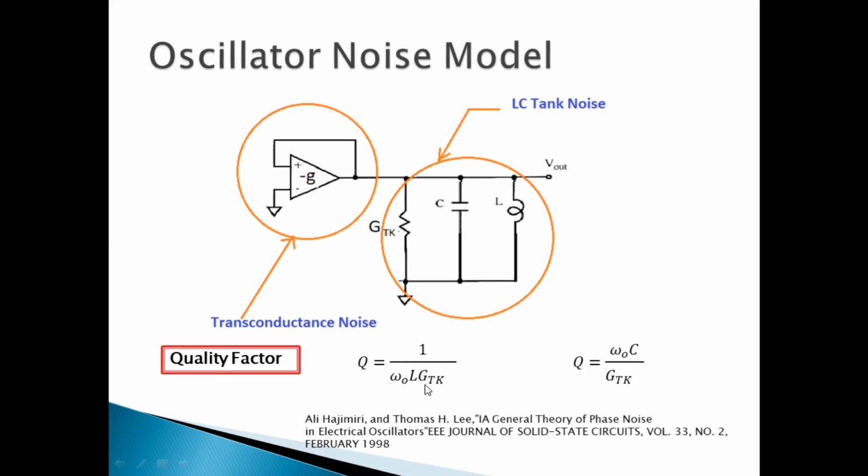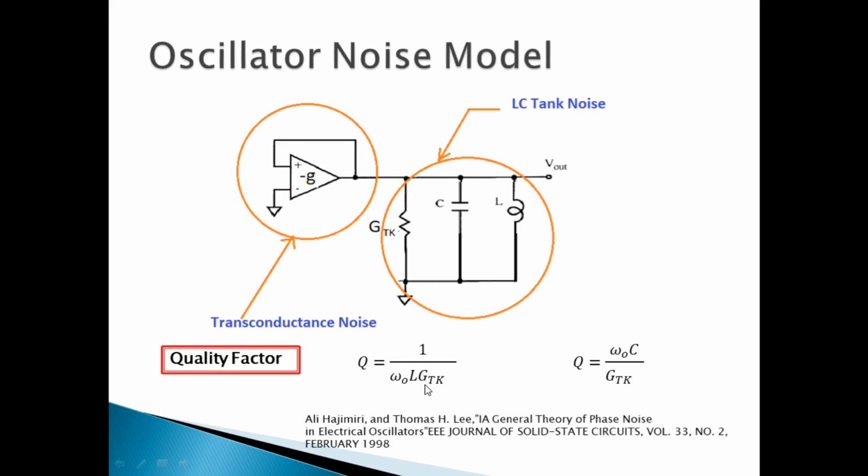Now, in both the cases, you have to understand that in the ideal form of things, the G_TK does not exist. But in reality, there will be a certain amount of loss, which will hamper the quality factor.